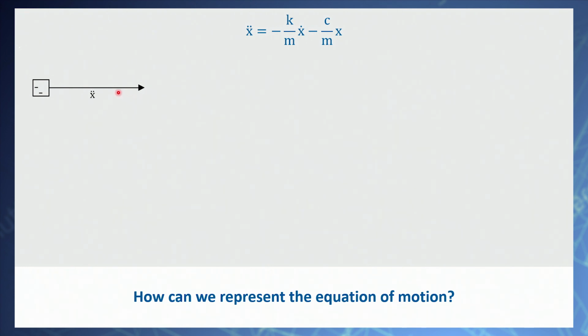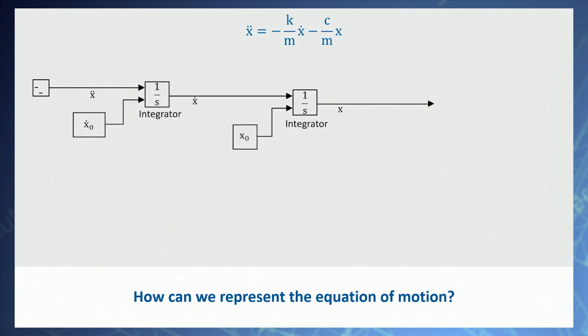And obviously if we have x double dot, we need to place two integrators on our sheet in order to come up with x and x dot. So this is the first integrator. Input to the integrator is x double dot, output is x dot, and the output x dot from the first integrator is then again the input to the second integrator where the output is x.